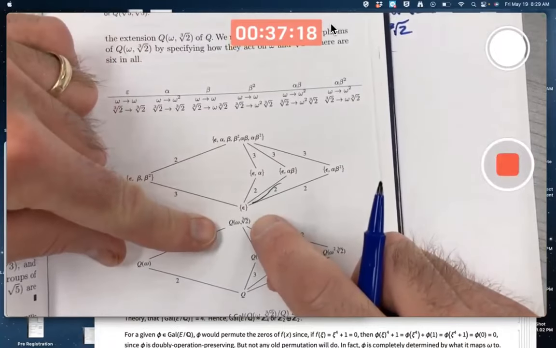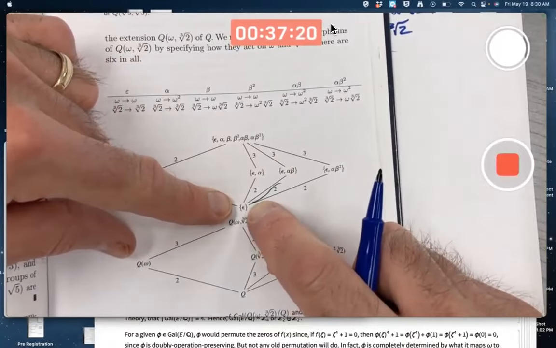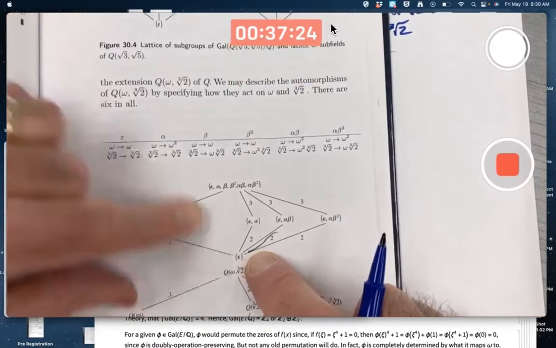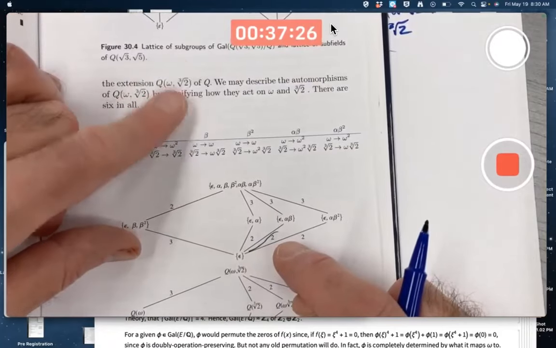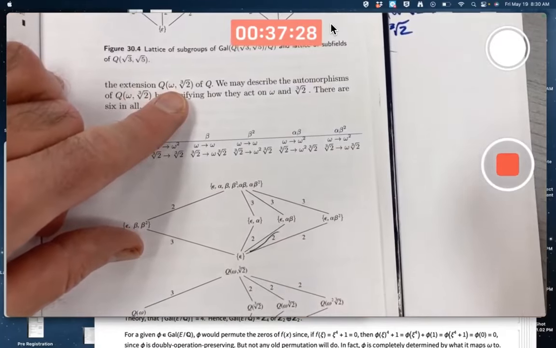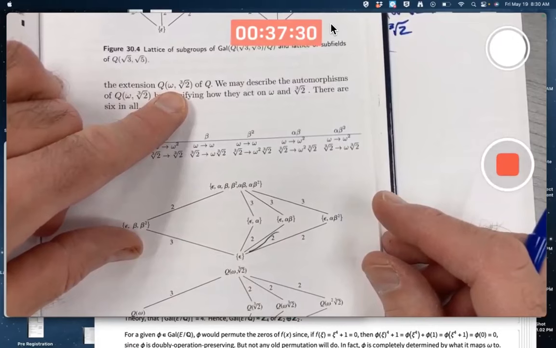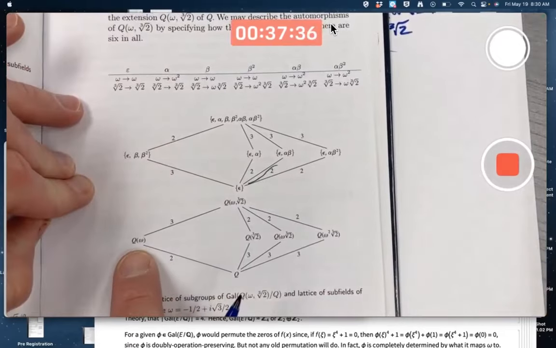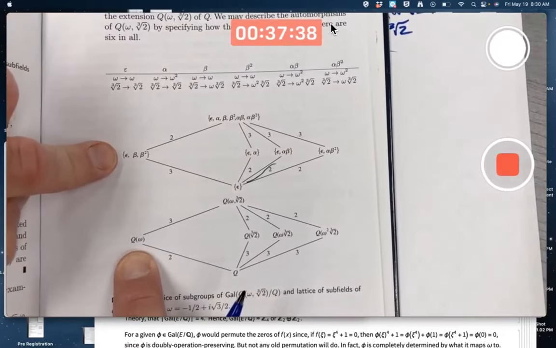The entire field extension at the top corresponds to the epsilon at the bottom. What's the fixed field of epsilon? Epsilon maps everything in the bigger field to itself, so it's the fixed field. Evidently, Q of omega is the fixed field for that.